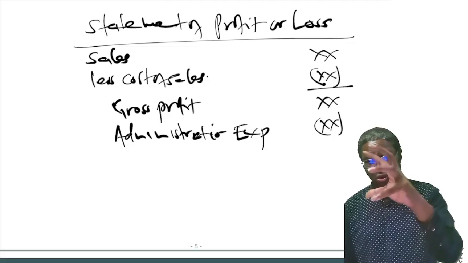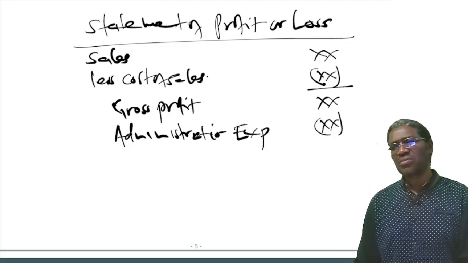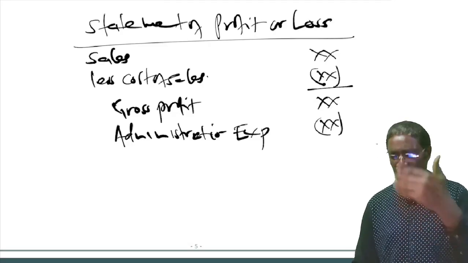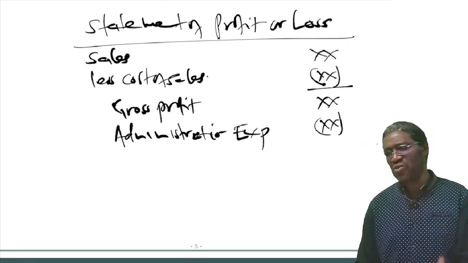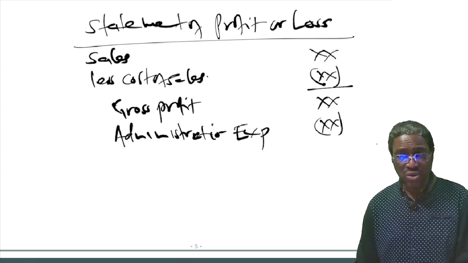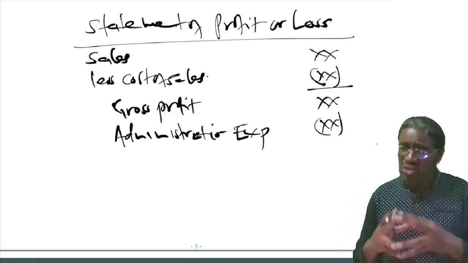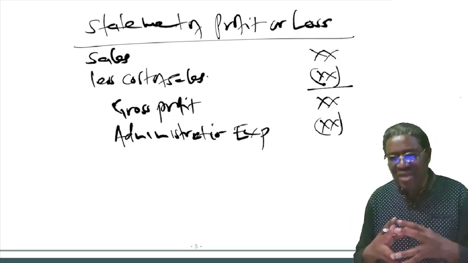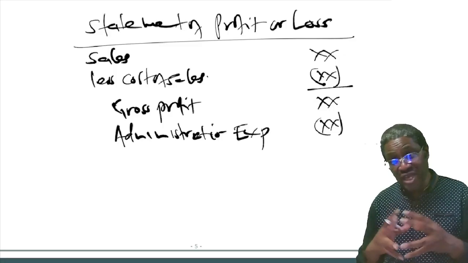Get the total of all your admin expenses. Maybe it's electricity of the office. You know, we use the office for administration purposes. Maybe it's salary for the office workers. Maybe it's depreciation of office machines, and so on. All those expenses that are related to administration of your company, combine them together and bring them as a single amount on the face of the income statement.